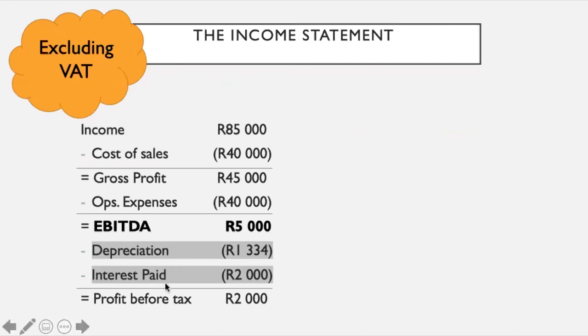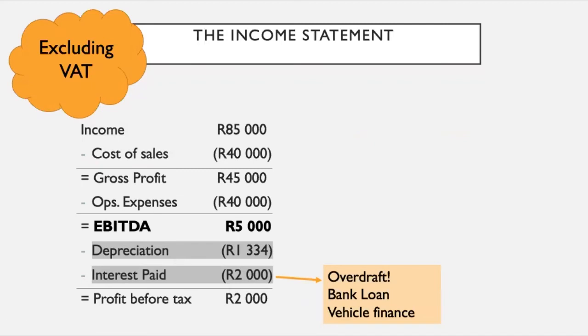So I quickly want to talk about depreciation and interest as tax deductible expenses. Okay, so let's do interest quickly because that's easy. So the interest, all of us pay interest in some form or another in our businesses. Okay, either you've got an overdraft facility that you pay interest on, maybe you've got a bank loan, or you've financed one of your vehicles.